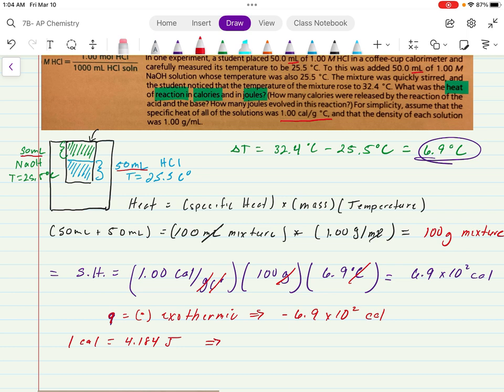Therefore, negative 6.9 times 10 to the 2 calories times, I know that every 1 calorie is 4.184 joules, is equal to negative 2.9 times 10 to the third joules.